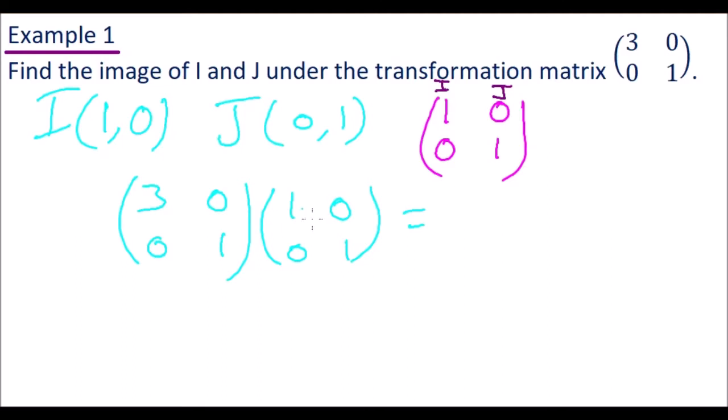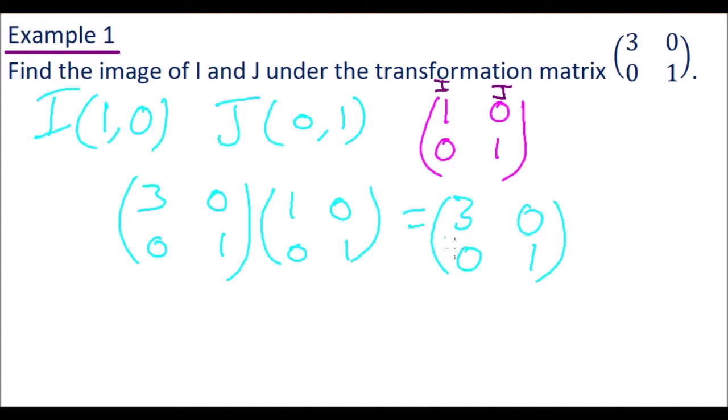3 times 1 is 3, 0 times 0 is 0, so 3 plus 0, we end up with 3. Then 3 times 0 is 0, 0 times 1 is 0, 0 plus 0 is 0. 0 times 1 is 0, 1 times 0 is 0, 0 plus 0 is 0. 0 times 0 is 0, 1 times 1 is 1, so 0 plus 1 is 1.